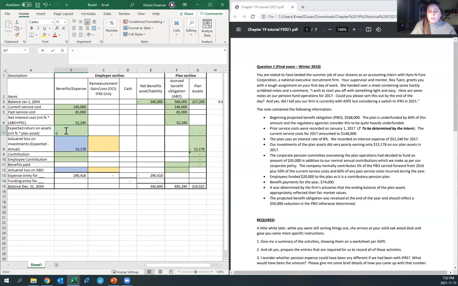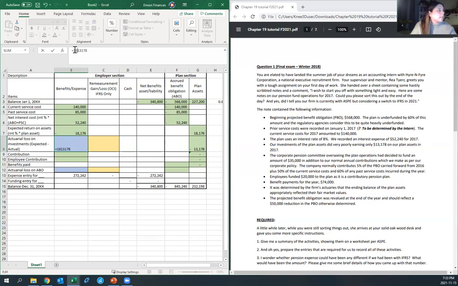So to figure that out, you use again the same interest rate, the 8%, times your beginning balance of your plan assets, so times the 227,000. And this is going to be as a negative, it's a credit. Then to figure out your actuarial loss, you're going to do your 18,000.